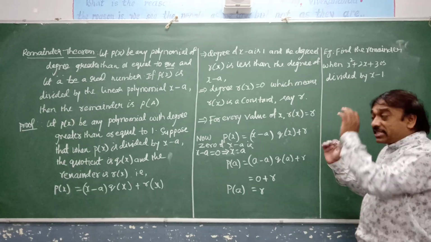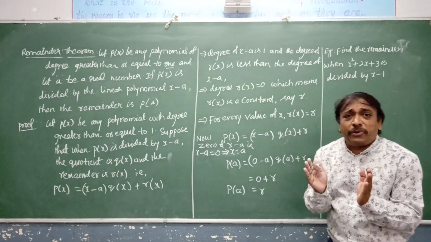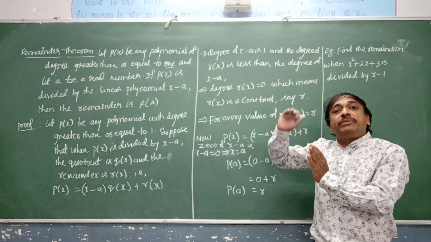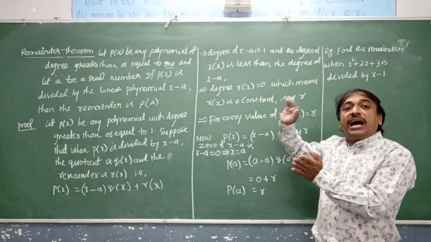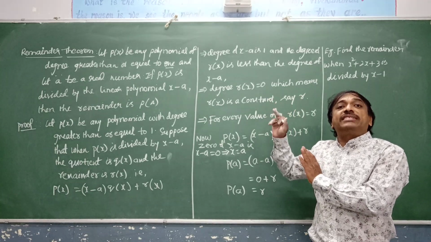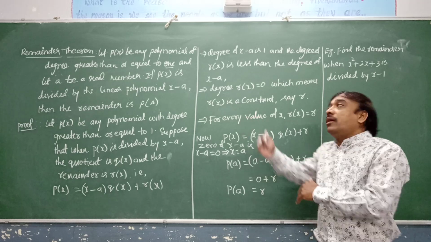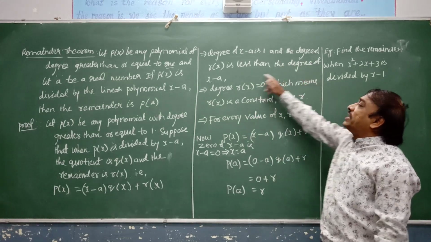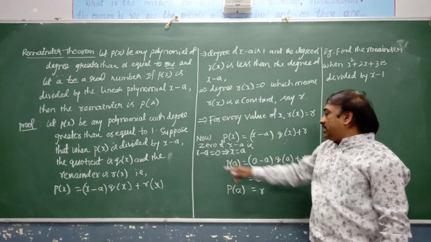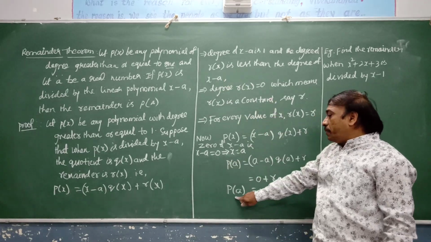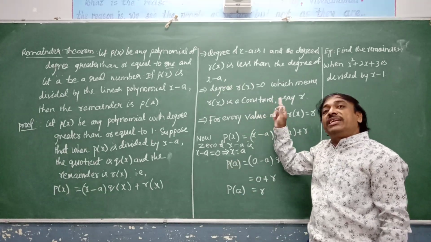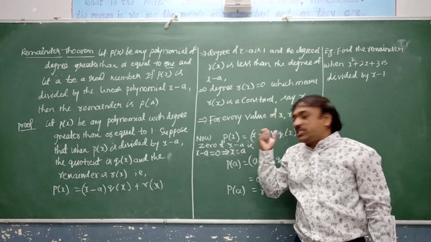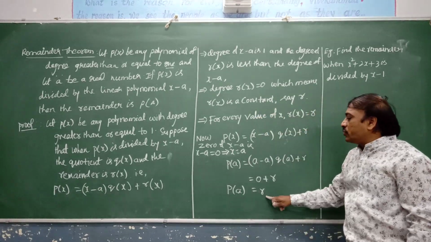That means the degree of r of x is less than the degree of x minus a, which is 1. So if it is 0, then it becomes a constant, and P of a is equal to r.